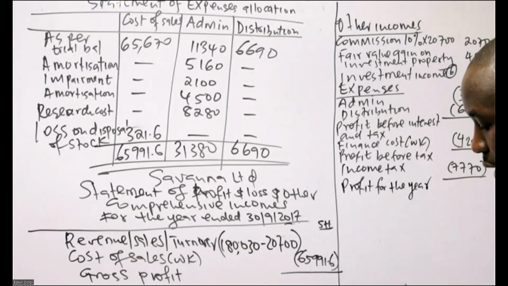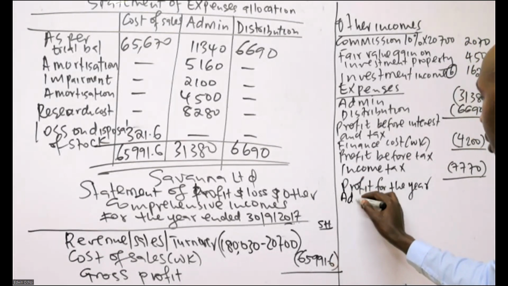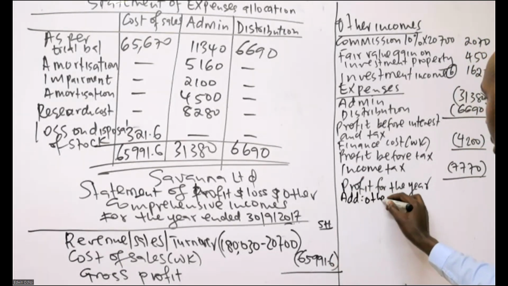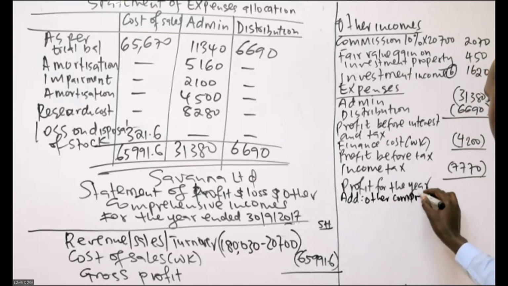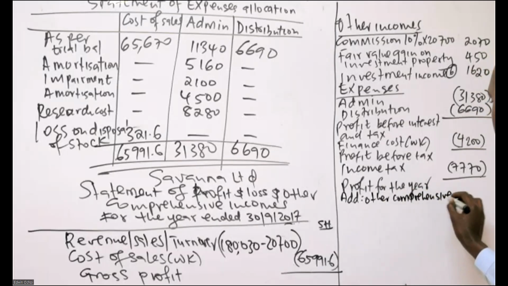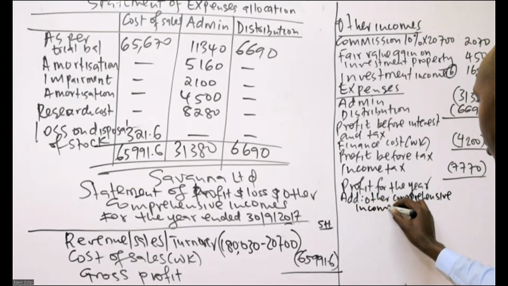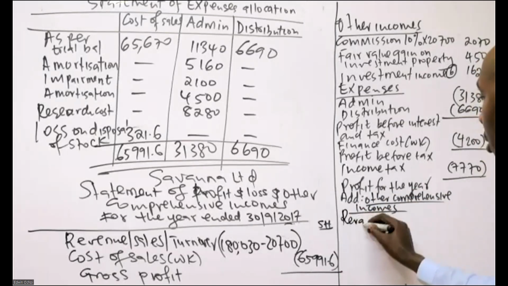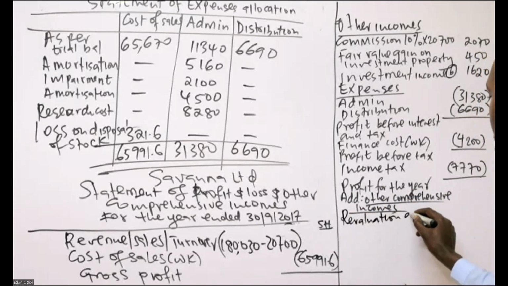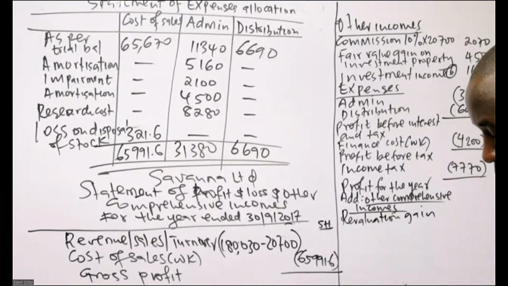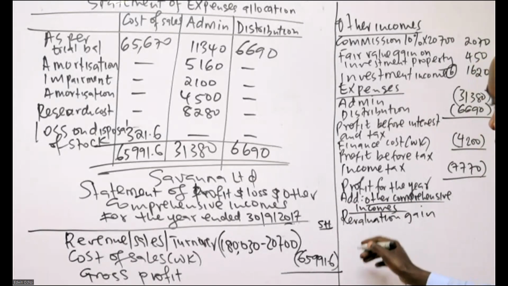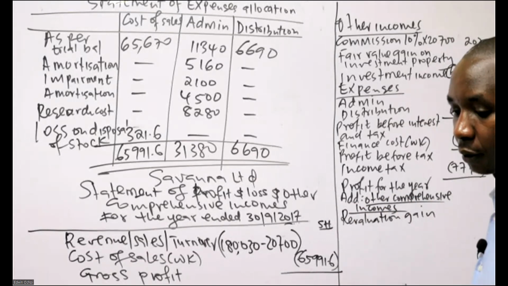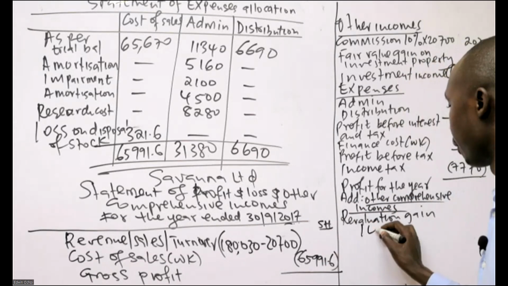Then add other comprehensive incomes, revaluation. The revaluation gain was 14,790.